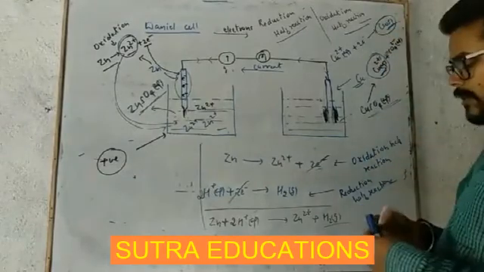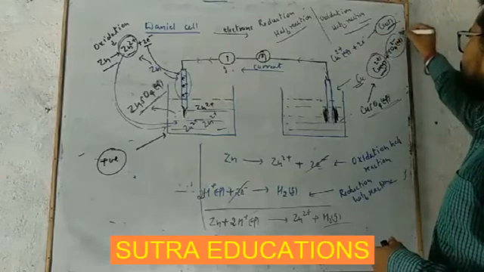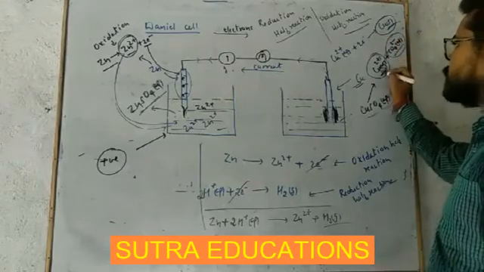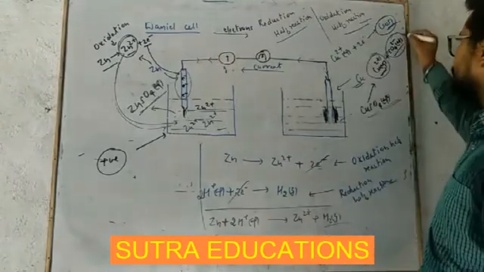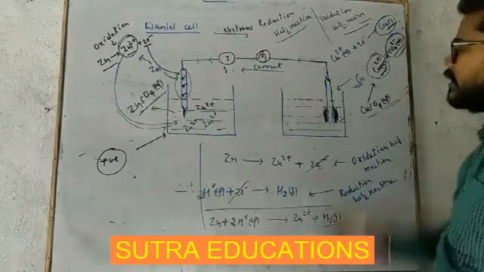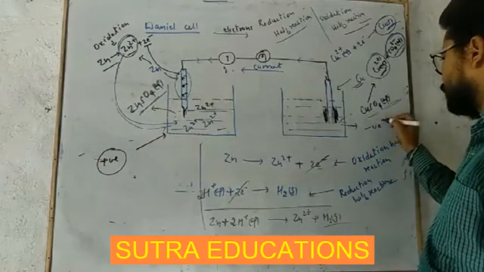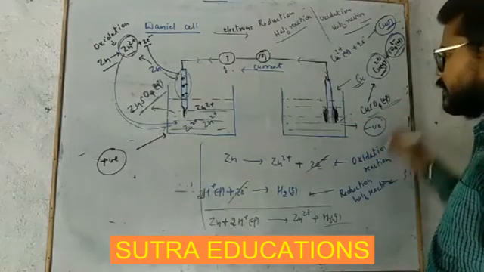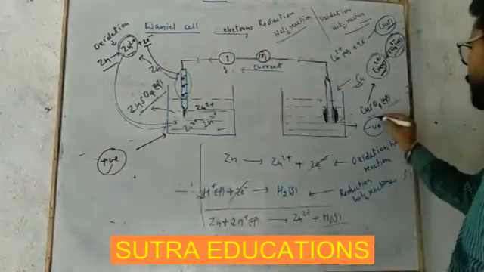So you can see here the minus charge is increasing, because the plus charge is getting neutralized by accepting electrons. So the concentration of SO4 2-, which is minus, is increasing here. So it will get negative. Getting this or not? It will get positive and it will get negative.